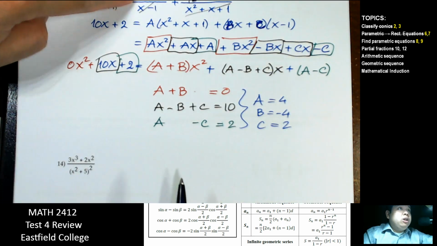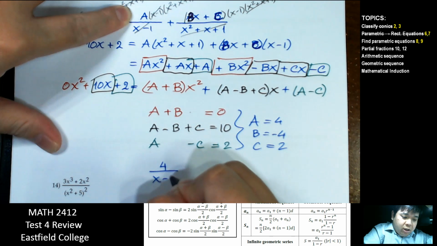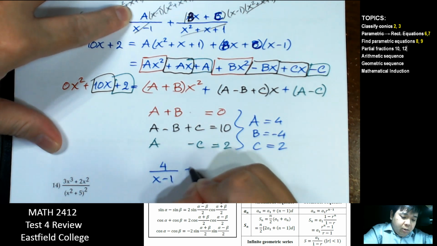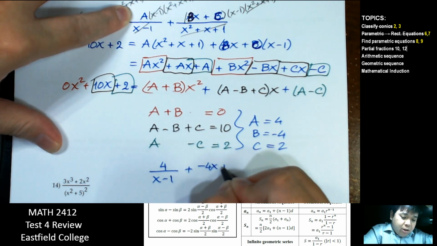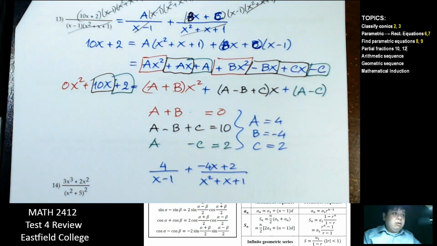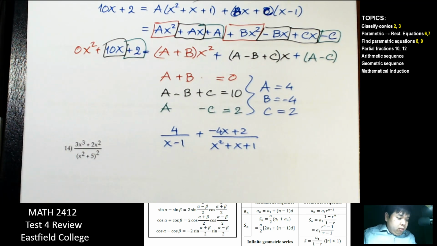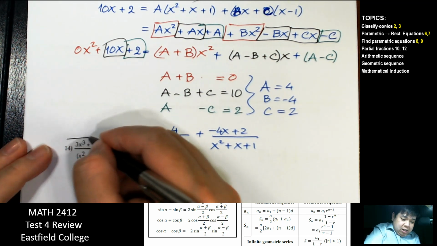Right, we have 4, negative 4, and 2. And put it back into this form, we will have 4 over x minus 1 plus negative 4x plus 2 over x squared plus x plus 1. Right. This problem I will not do, but I at least will give the form.